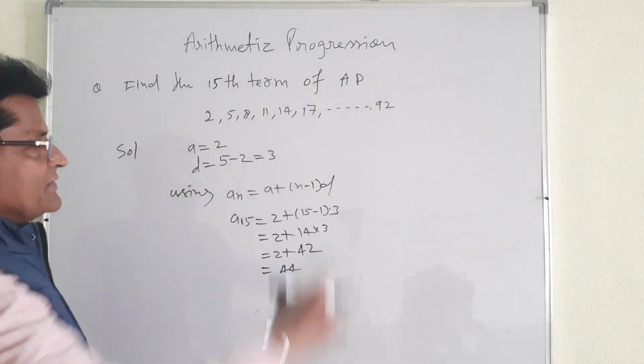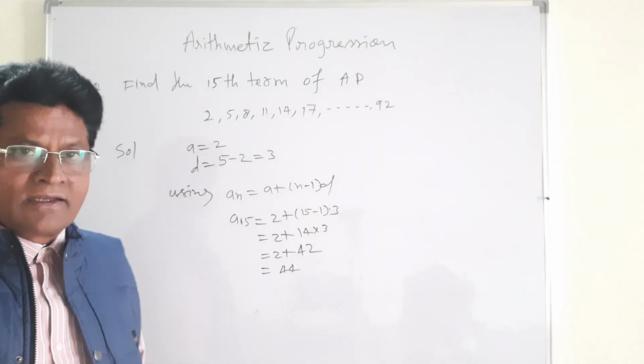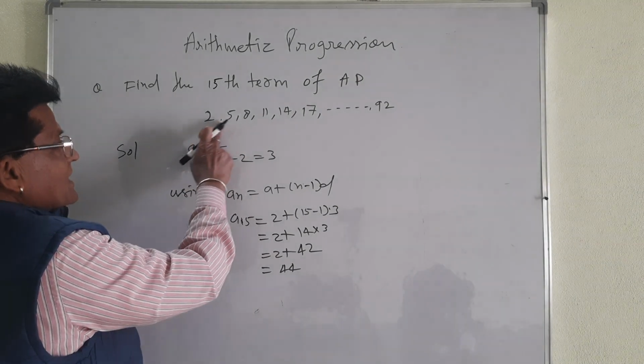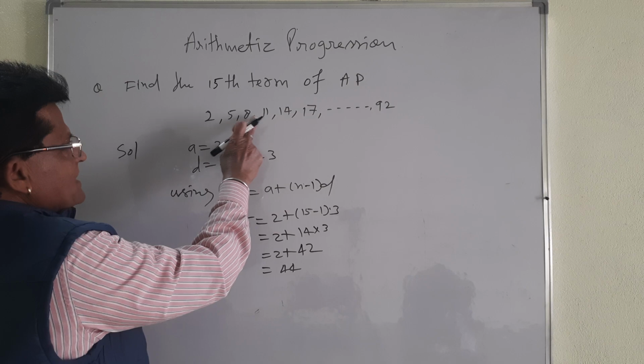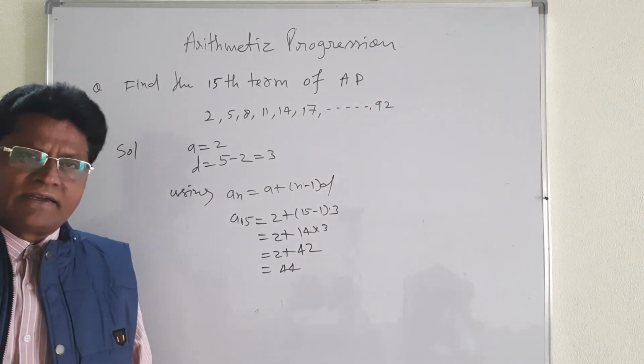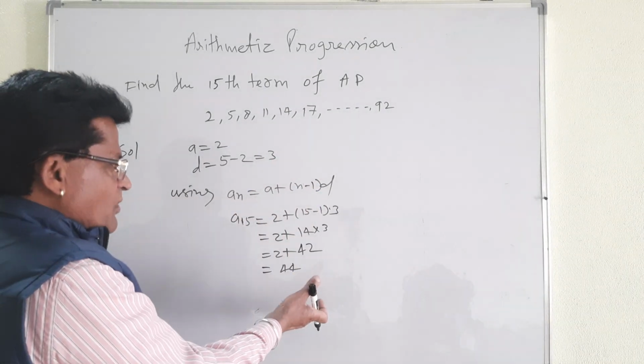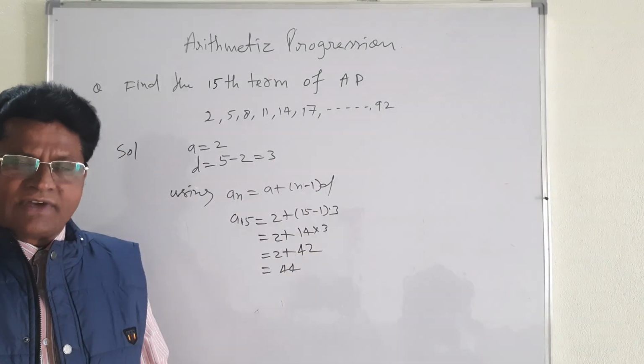You can write it by adding 3 each time: 2 plus 3 is 5, 5 plus 3 is 8, 8 plus 3 is 11, 11 plus 3 is 14, 14 plus 3 is 17, and so on. It will take a lot of time, but by using this formula, immediately you can find its value.